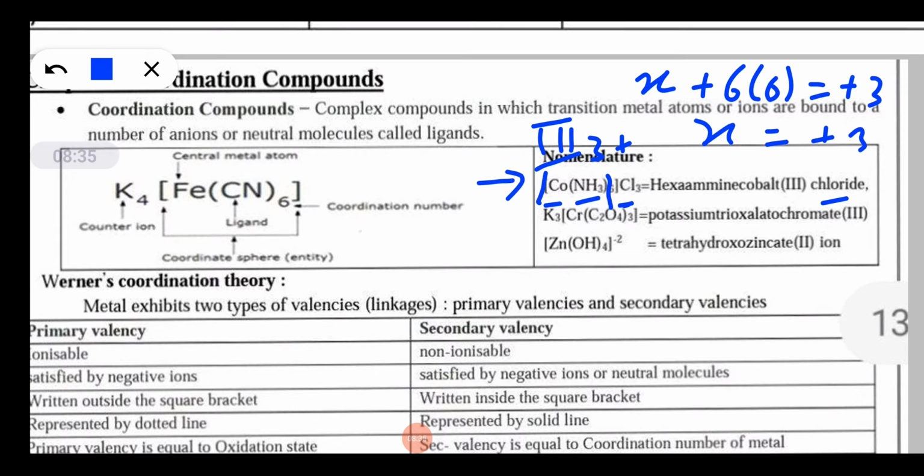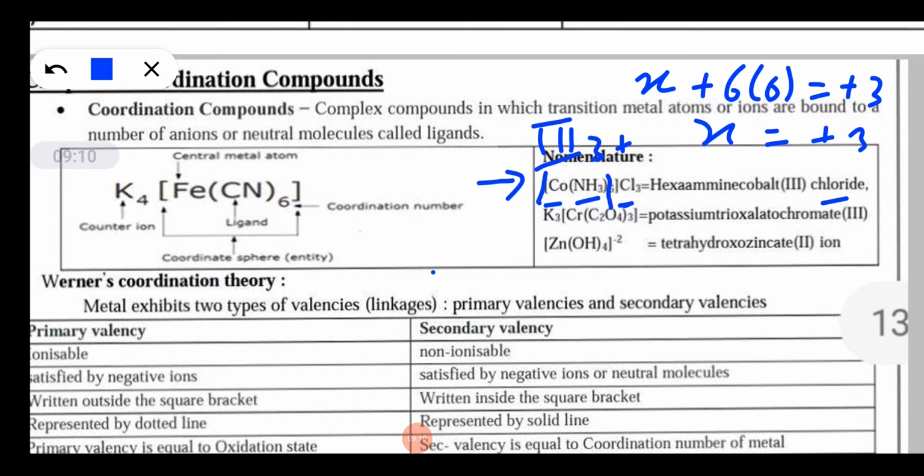Alphabetically, you have to see which comes first. So after that you start doing the naming, and if the ligand is anionic like Cl negative, then NO2 negative, CN negative, these anionic ligands are suffixed with O, at the end there will be O. Cl negative we will write as chlorido, Br negative bromido, I negative iodido, NO2 negative nitrito, maybe nitrito or nitro, depending upon the type of ambidentate ligand.